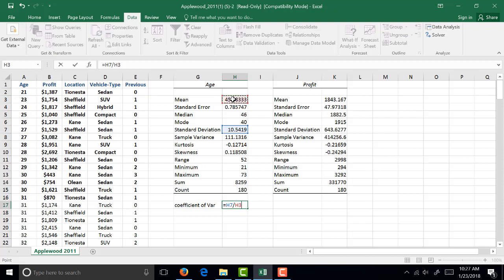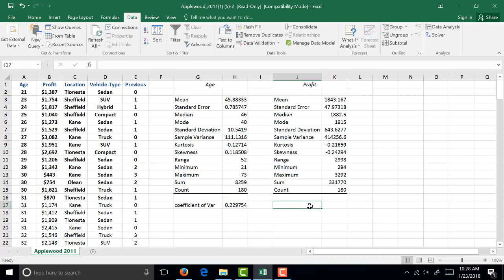And then in order to make this a percentage of the data, I have to multiply this by 100%. So I'm going to take that times 100%, and I'm going to hit enter. So now we have a coefficient of variance of 22.975%. So that's kind of like the spread of our data.